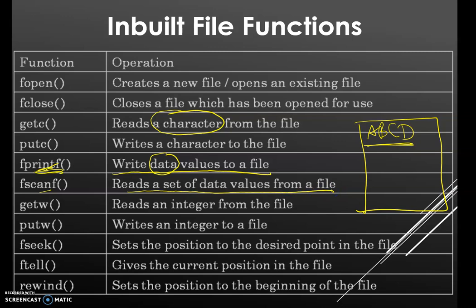So this is related to the writing operation and this is the reading operation. If I say fprintf, it means I want to write the data to the file, and if I say fscanf, it means I want to read the data from the file.